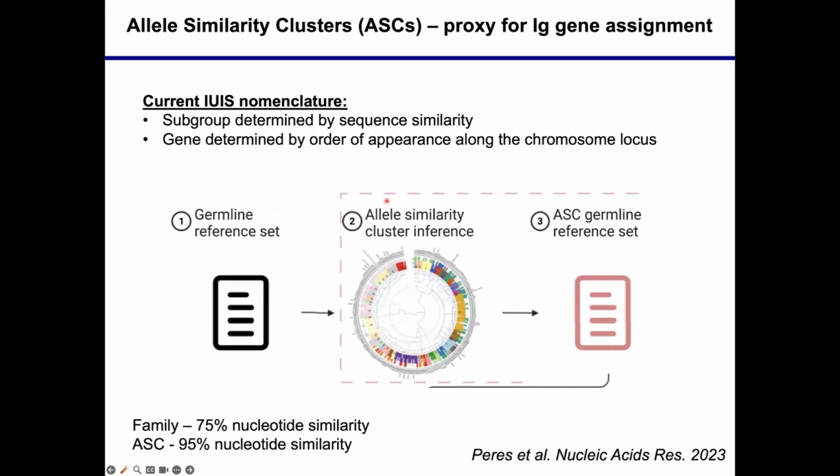And so, because we don't have the second criteria here to comply with IUIS nomenclature, essentially, to boil it down, a gene family has greater than 75% nucleotide similarity, and to be contained in an allele similarity cluster, it has to have greater than 95% similarity.